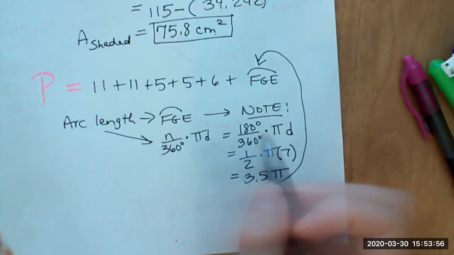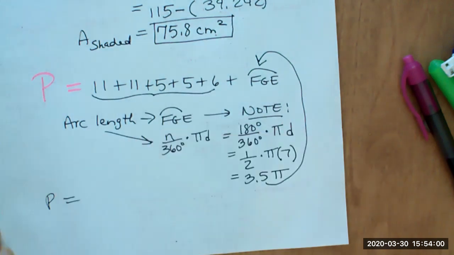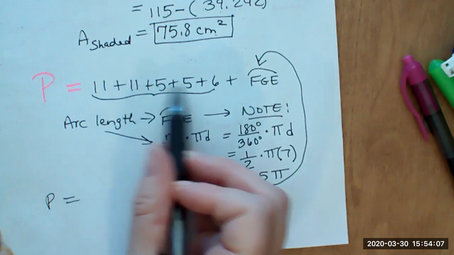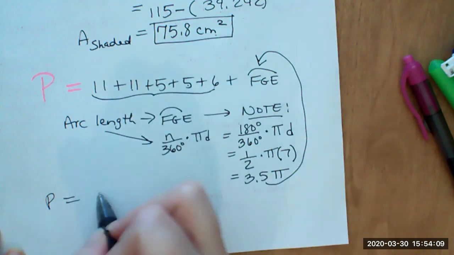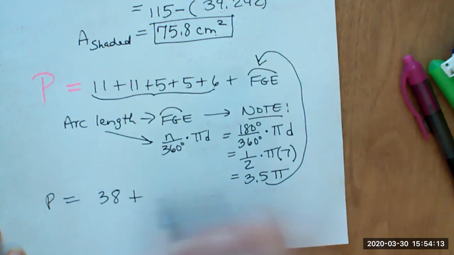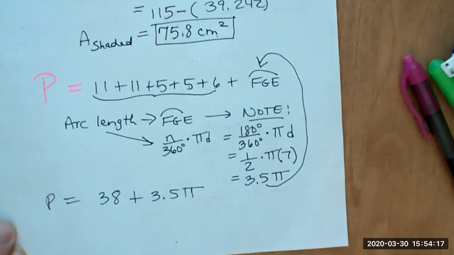So I basically am going to add these terms up, okay? If you add those up, you'll get 11 and 11 is 22, and 10 is 32, plus 6 is 38, plus 3.5 times pi. Okay, now in this case, again, I'm rounding to the nearest tenth.